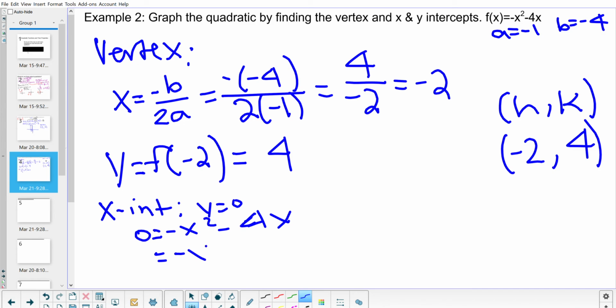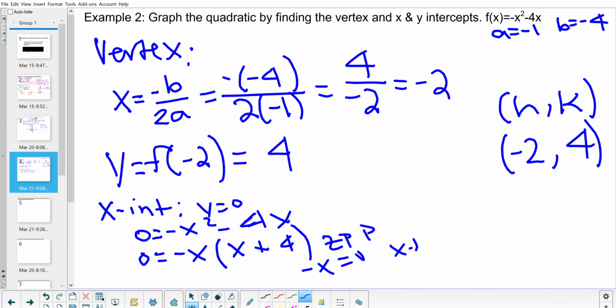If I factor out a negative x, I'd have x plus 4. So then by the zero product property, negative x equals 0, and x plus 4 equals 0. So x equals 0, and x equals negative 4.